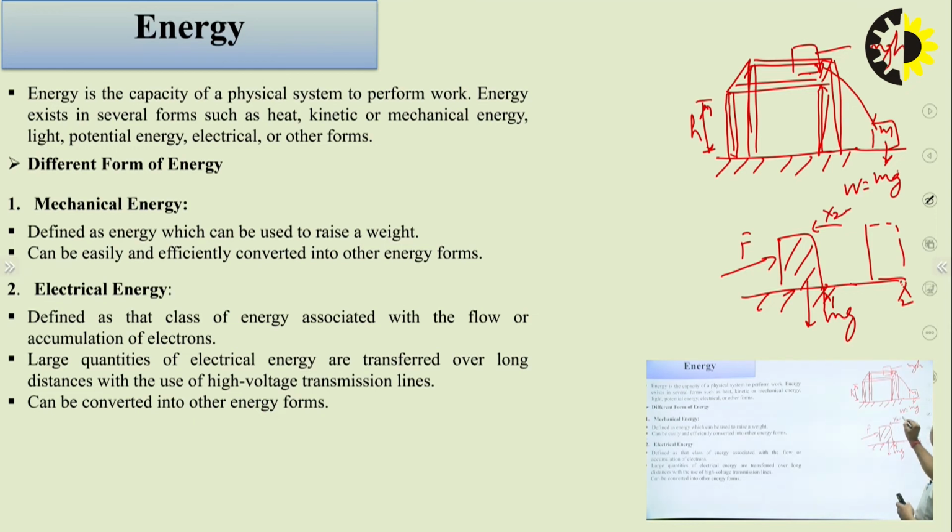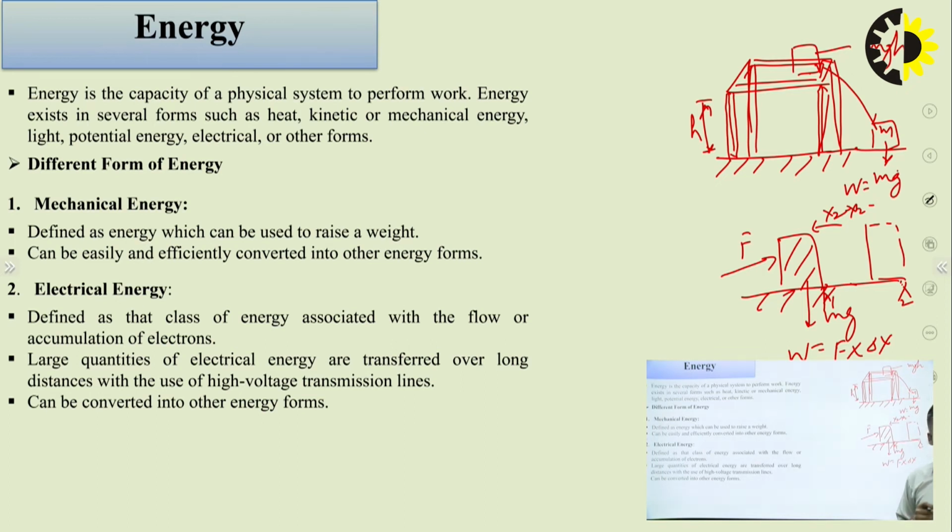There is a displacement x2 minus x1, and the work is F into delta x. So this work is done by the system, or this is the energy transfer, so we need some force.